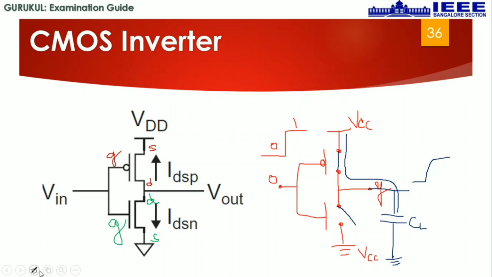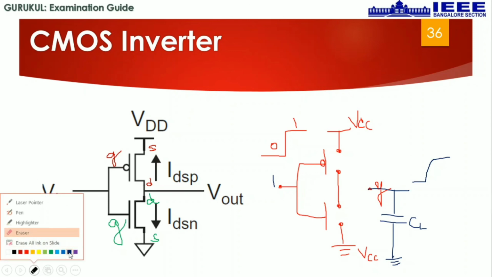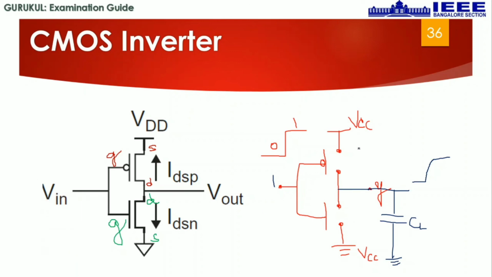Now, in the second condition, I'll take the input to be equal to 1. When I give the input as 1, what happens to the transistor? First, let us analyze the P transistor. P transistor will turn off, N transistor will turn on.